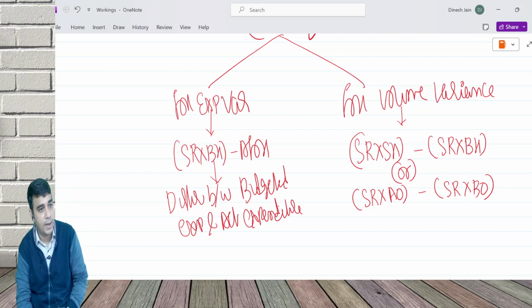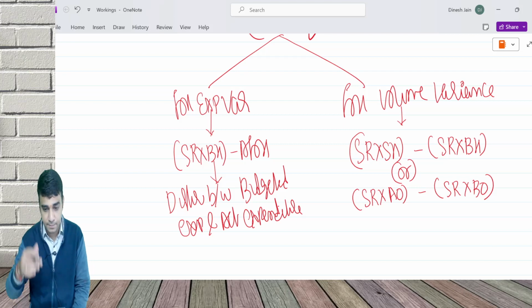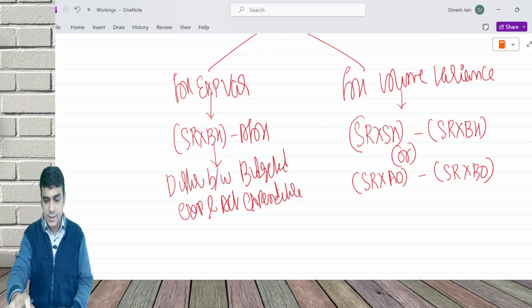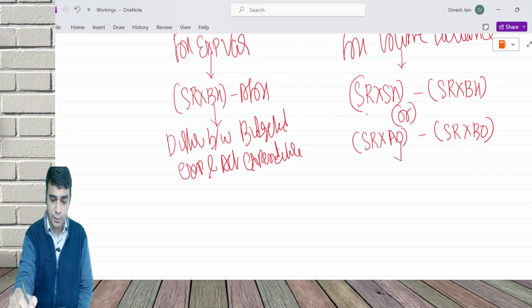Basically, volume means the difference between actual volume and budgeted volume. Difference between the volumes, not the expenditure.